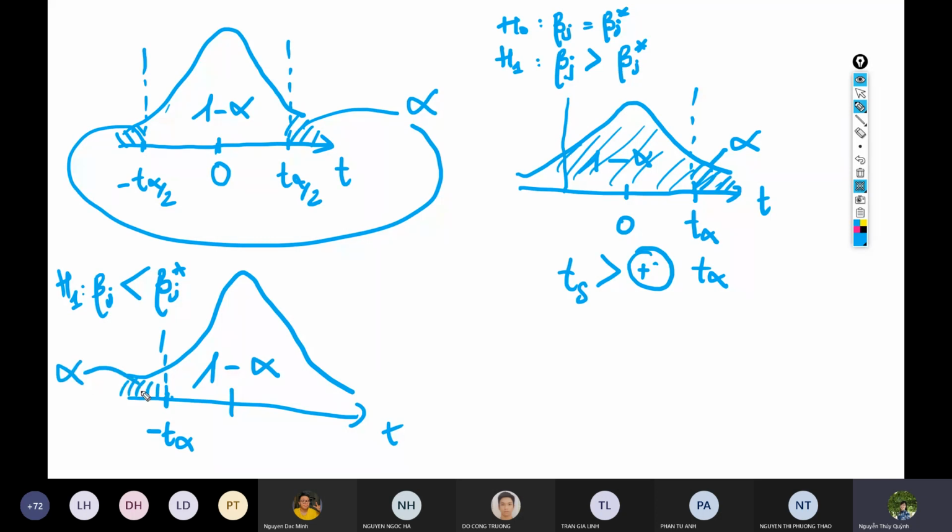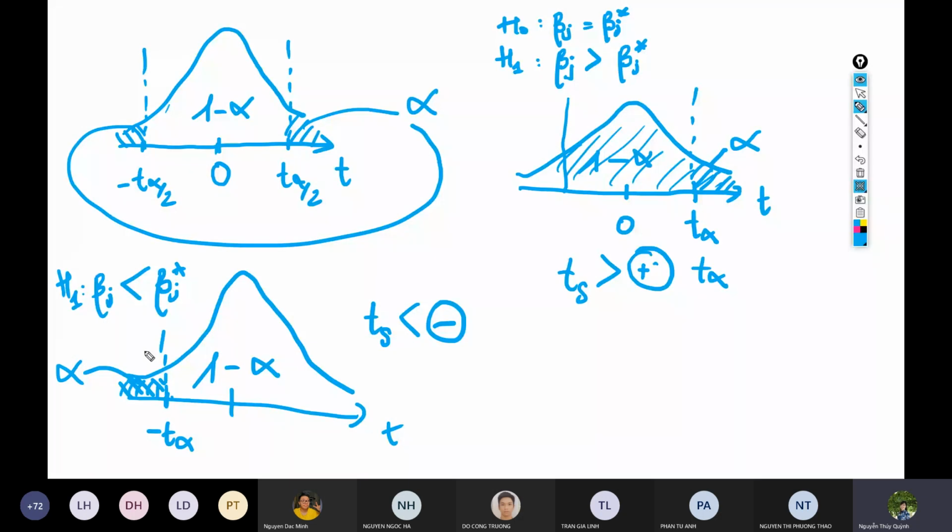If the region of rejection is that the observed value of t, ts, is less than a value, then that value must be a negative number, so that the region of rejection here has a small area.